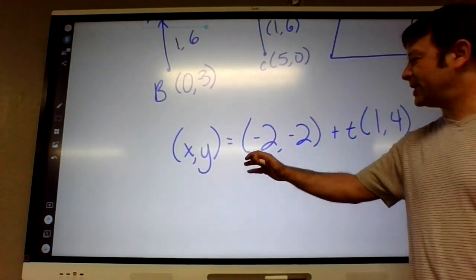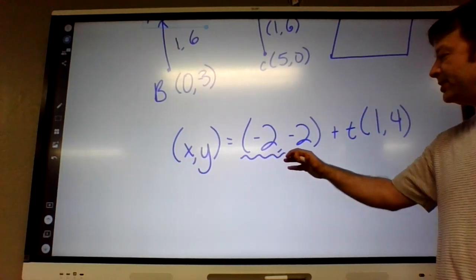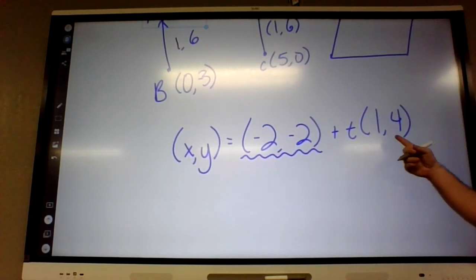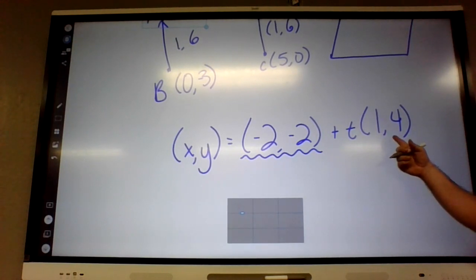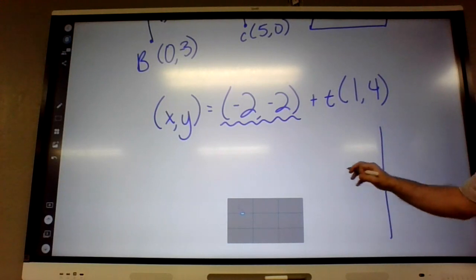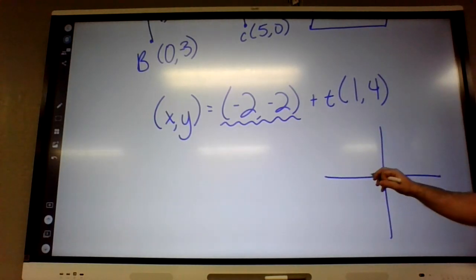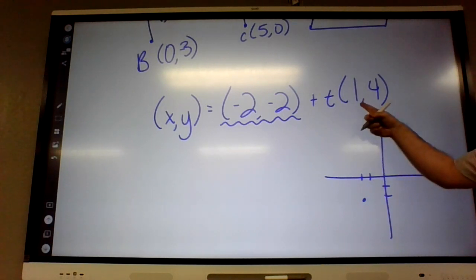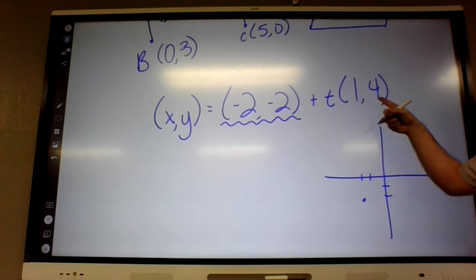So -2, 2 is kind of like the starting point, and 1, 4 is like the movement vector. They called it the velocity. So on a graph, it'd start over here at -2, -2, and then it would move right 1, up 4.